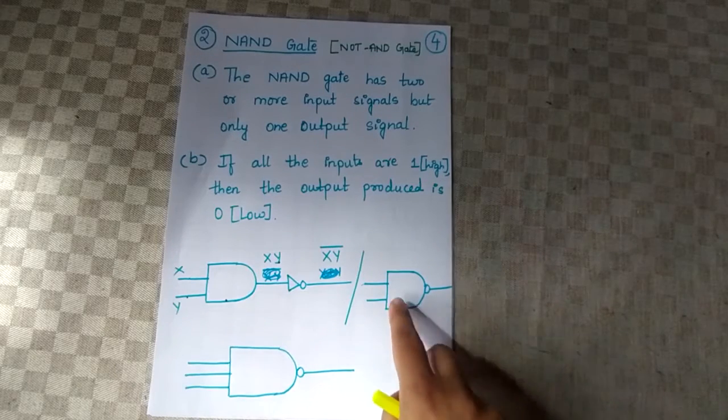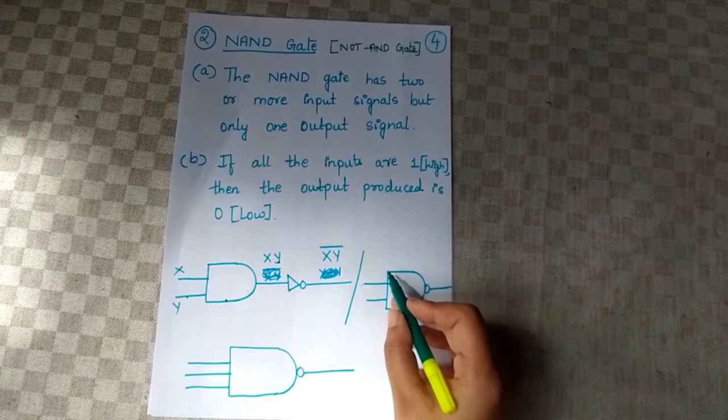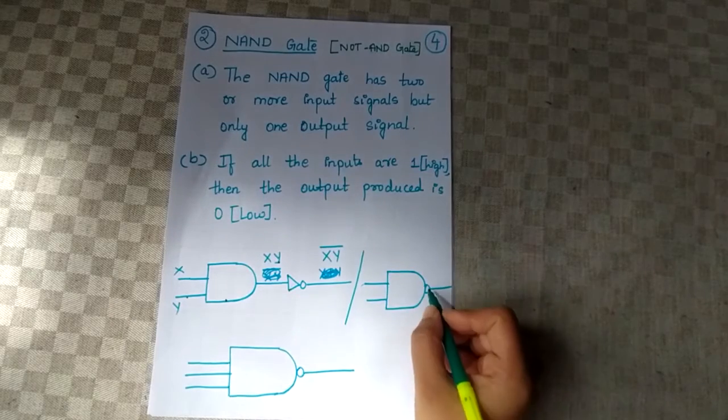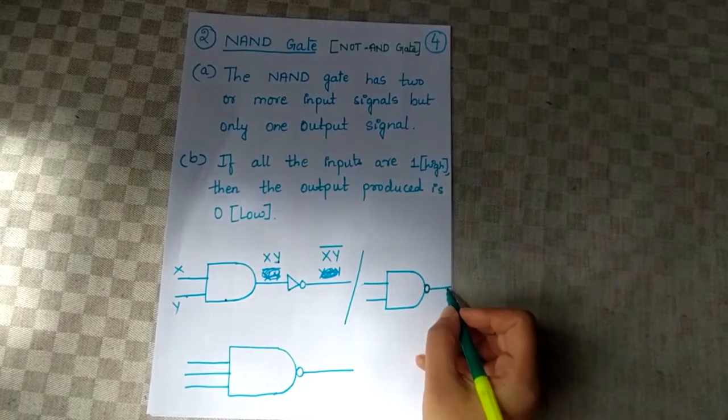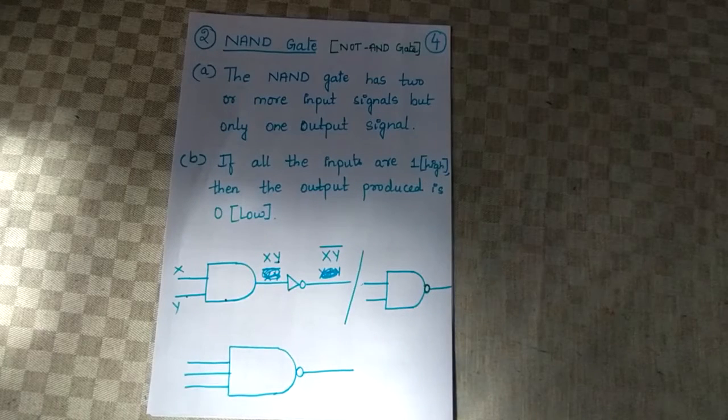The other way is you draw the AND gate with 2 inputs, and to the AND gate you show a bubble, that is an inverter, which will invert the value and give you the output for NAND gate. So even the NAND gate logic diagram can be drawn in 2 ways.